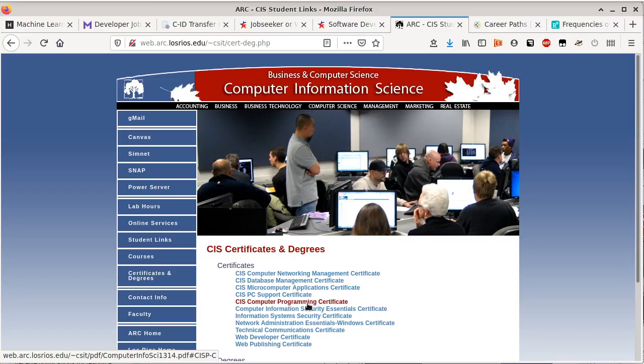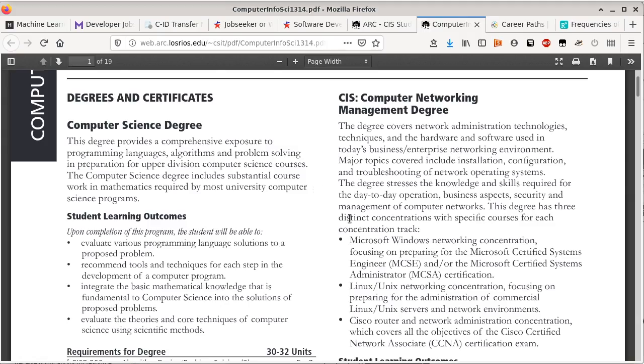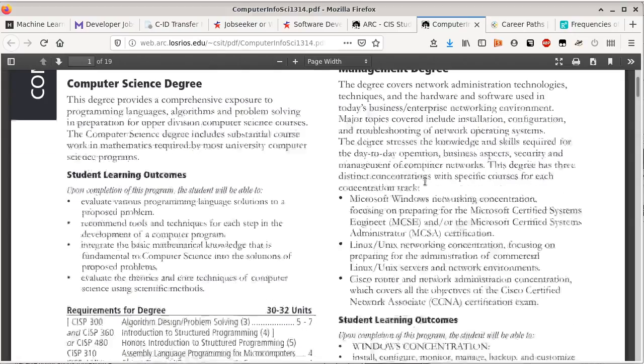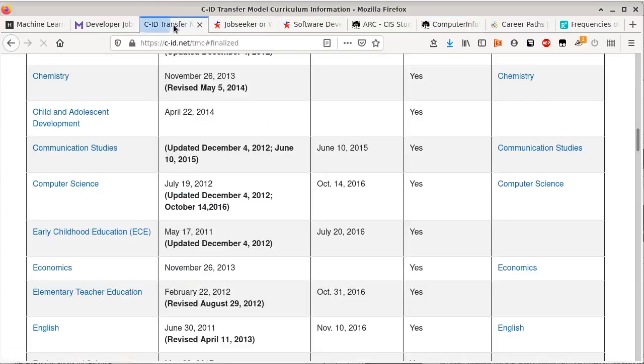So we want to look into the transfer degree, which is just the computer science degree, and these are the classes that our students need to take in order to transfer to most universities. I said most because, depending on which university, assist.org will generate a report of a varying degree of acceptance of our courses.